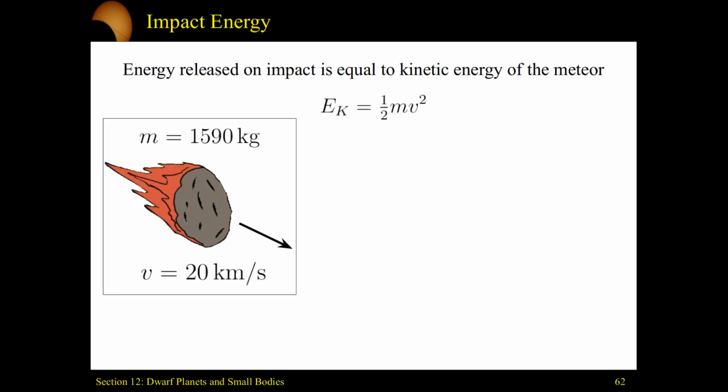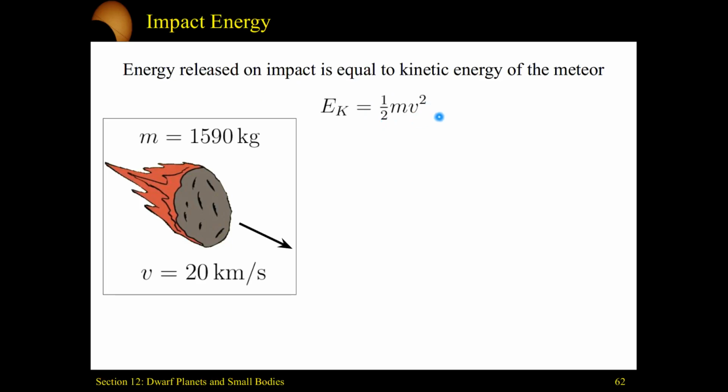Well, we're going to need something called the kinetic energy of the meteor. We've talked about examples of gravitational energy: the higher up something is, the more energy it has when it falls down and slams on your foot, and so on and so forth. Another type of energy is just the energy of motion, or kinetic. And it goes as 1/2 the mass of the moving object times its speed squared.